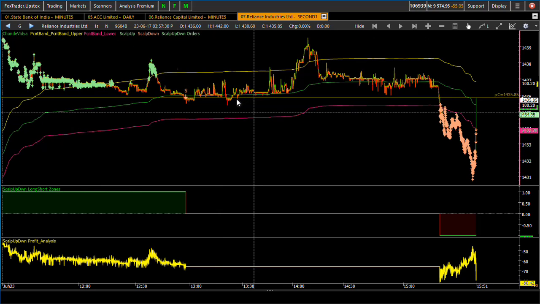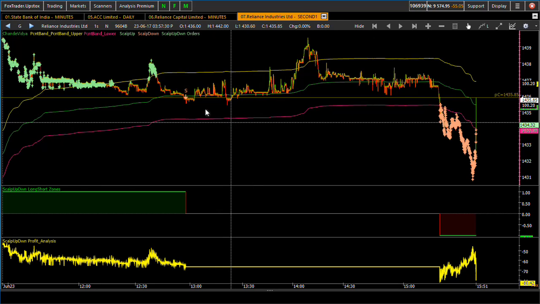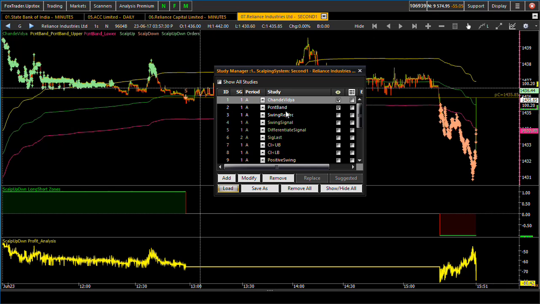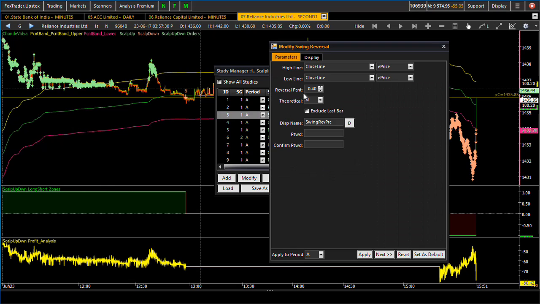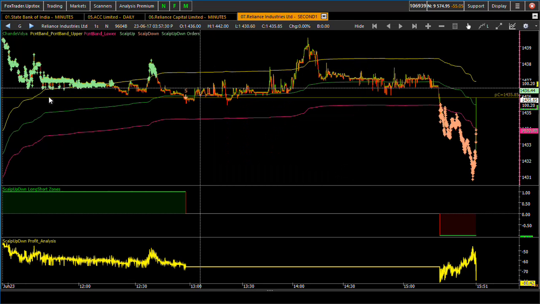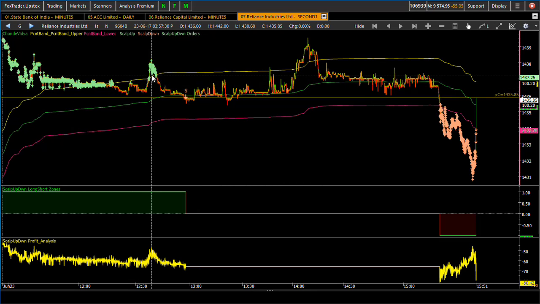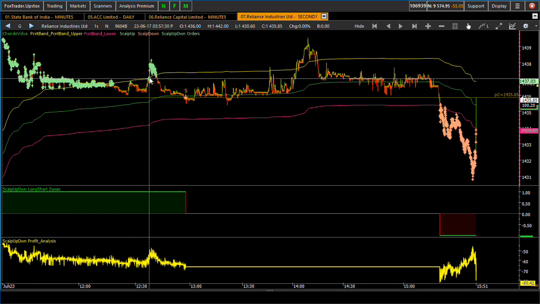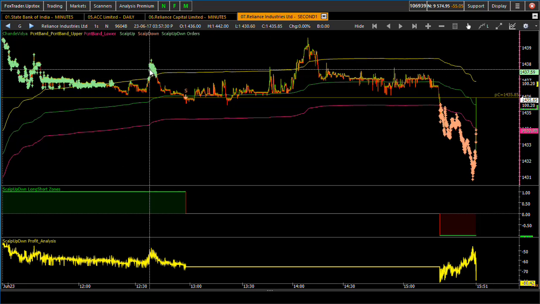And then I have one more indicator on it, like swing reversal. Okay, if I show you the study manager, I have the Chande VIDYA percentage band on it, and then I have a swing reversal price of 0.4%. So what it says is, if the price is above your upper band, and the swing direction is up from the lowest by 0.4%, then it will take a long call.